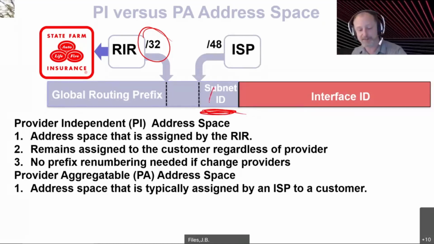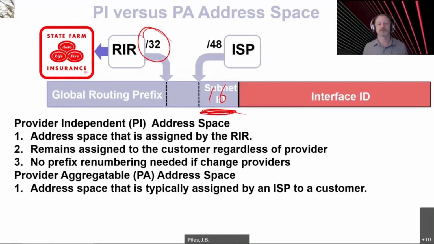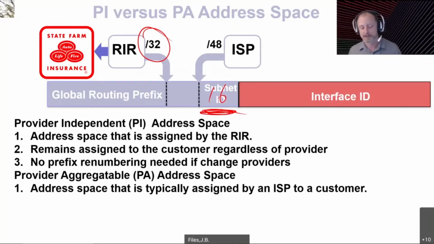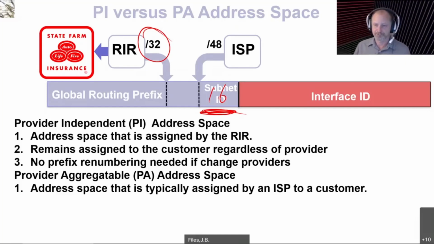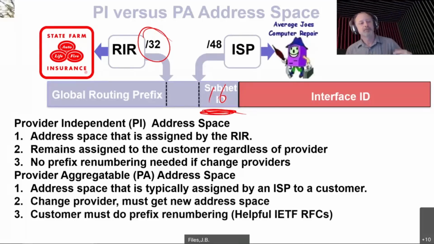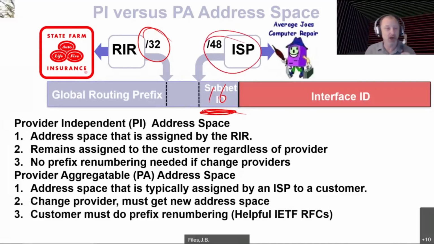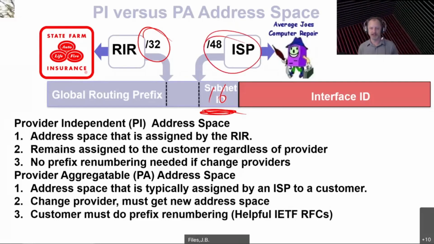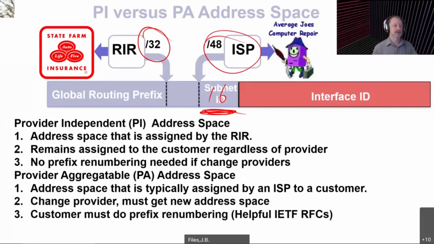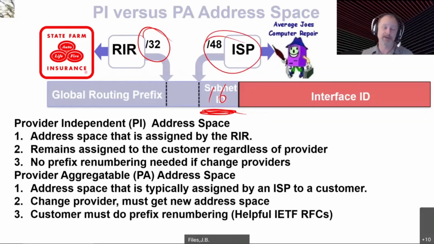You still have 16 bits for subnet IDs, which is still crazy large. Okay. You have to do prefix renumbering if you change service providers, although in IPv6 that is super easy if you do it right. One command can redo your entire network. It's really cool with IPv6.